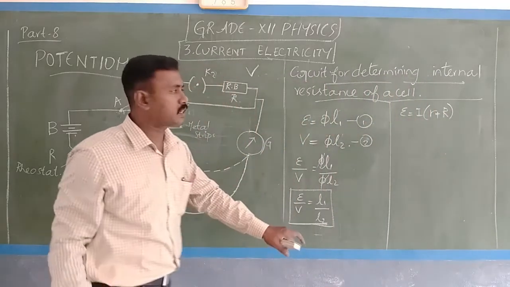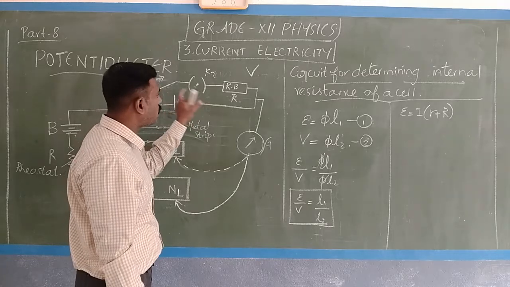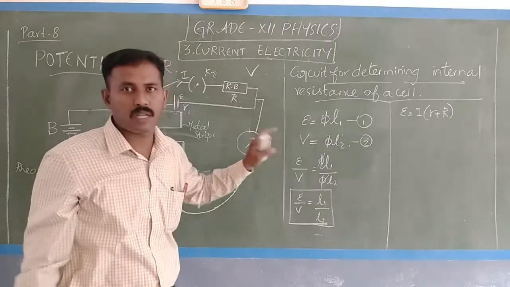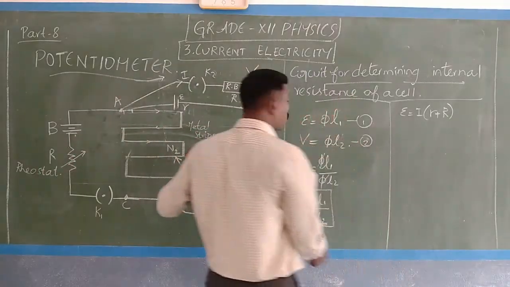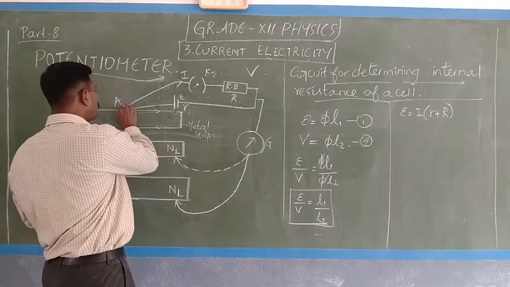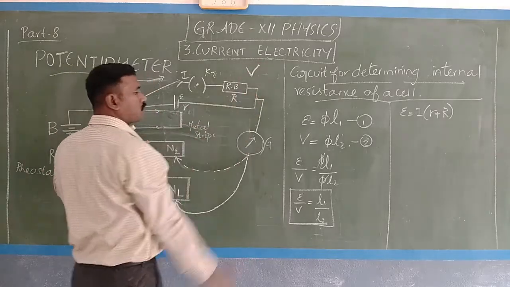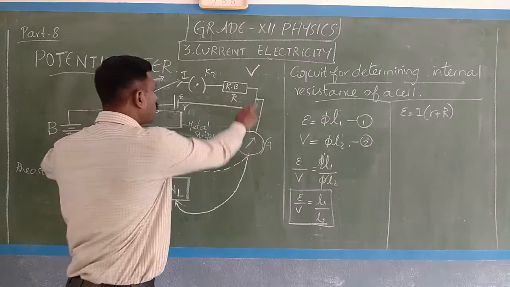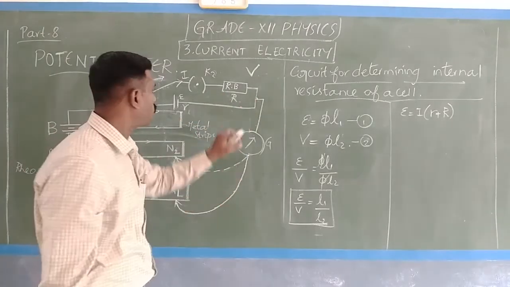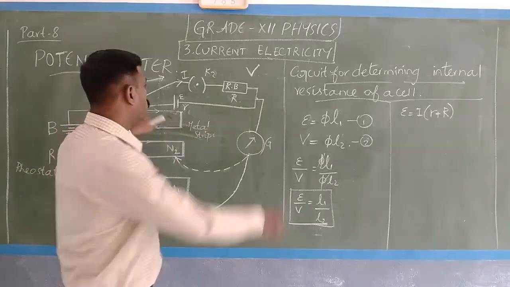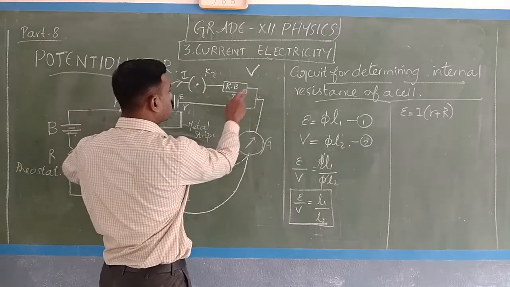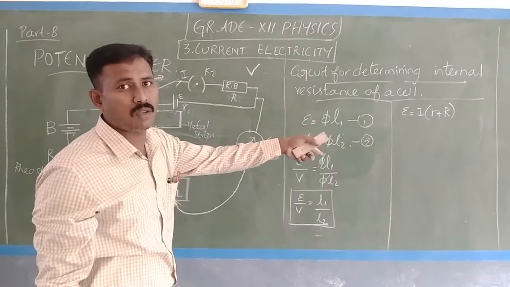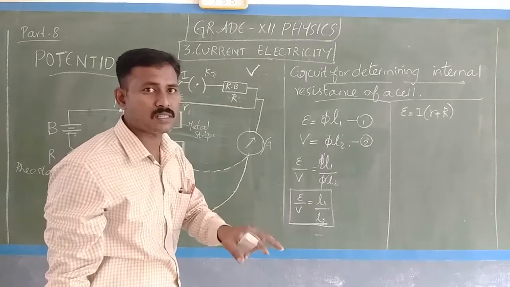Listen carefully. E equals the current I flowing here, times R plus the internal resistance, which we should also include. Then what is the terminal voltage V across these two points? Only this one resistance R is there, so V is current times resistance, by Ohm's law.